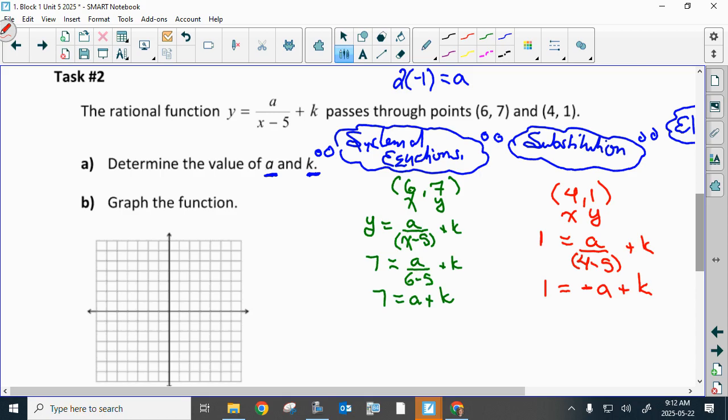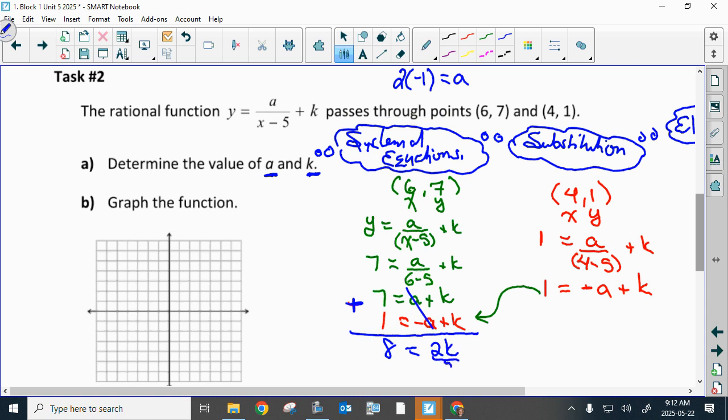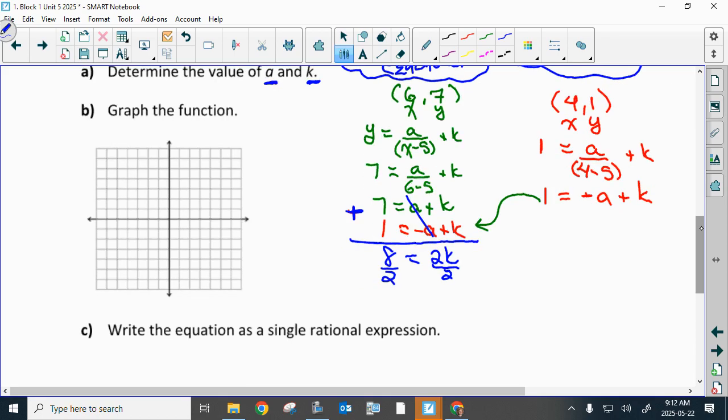And then if you look at this carefully, you should be able to see, this is a perfect situation for elimination. If I put the 1 and the negative a and the k right on top of each other, if I add straight through, I get 8 is equal to, the a's cancel, and I get k is equal to 4.